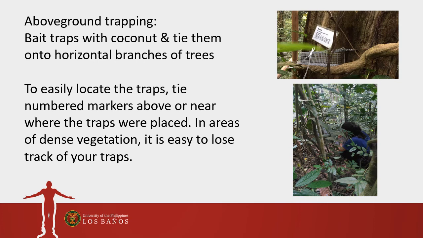Traps baited with roasted coconut meat coated with peanut butter are tied onto horizontal branches of trees, which may also serve as runway or walkway of arboreal mammals. To easily locate the traps, markers are tied above or near where the traps were placed. In areas of dense vegetation, it is easy to lose track of your traps.